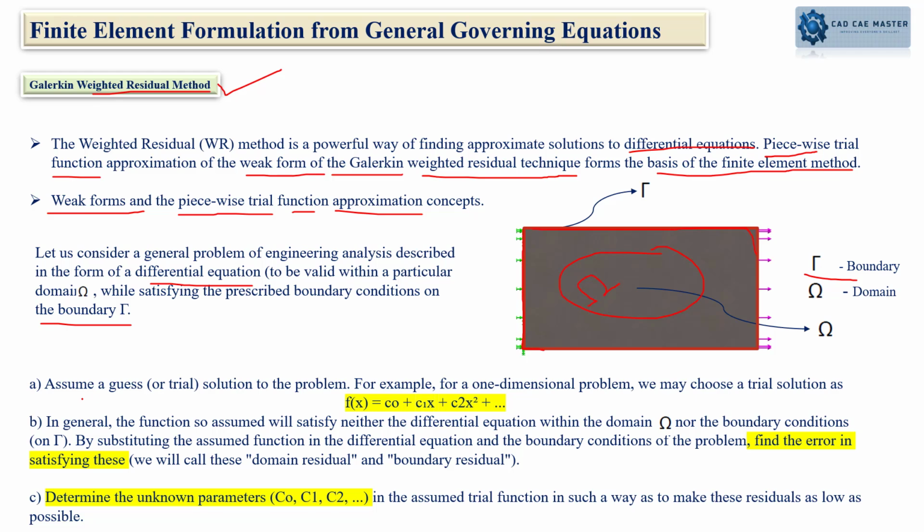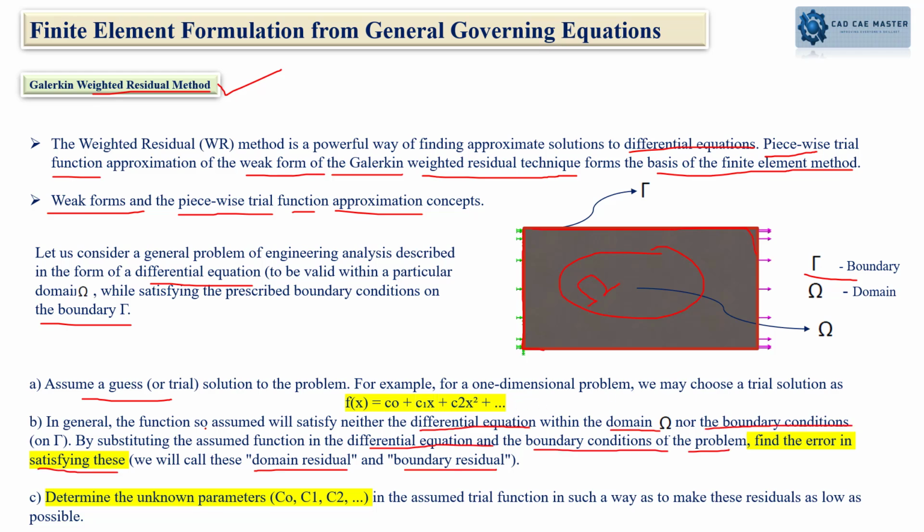The first thing is we assume the trial solution to the problem. If it is a one-dimensional problem, we may choose the trial solution as this one, which we call a polynomial equation, where we have C0, C1x, C2x squared and C3x cubed, and it keeps on going.